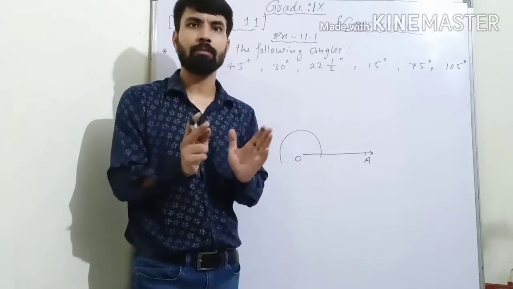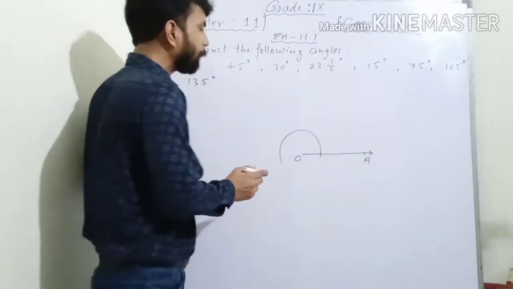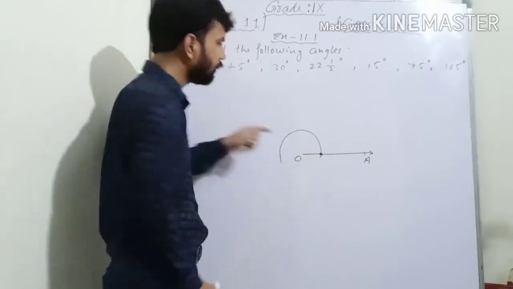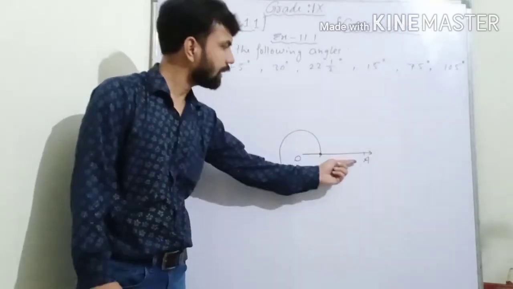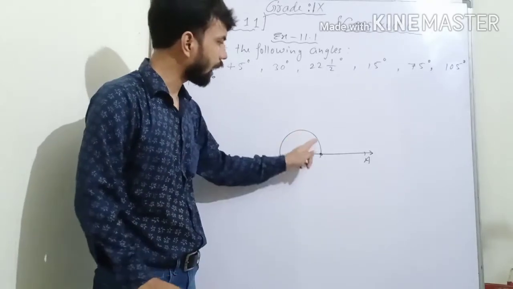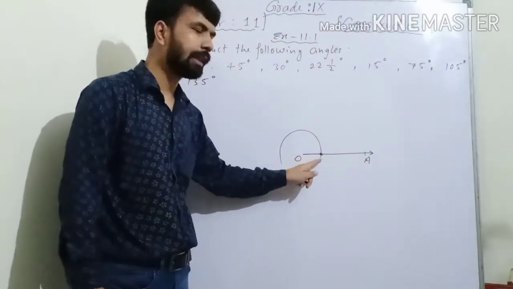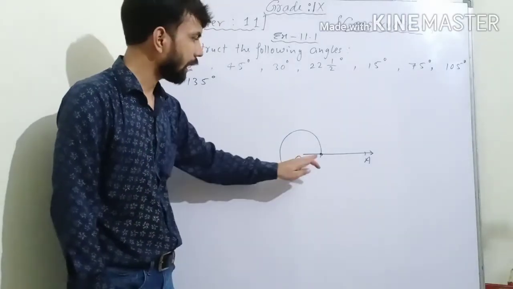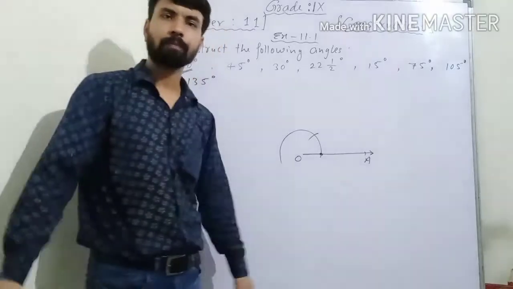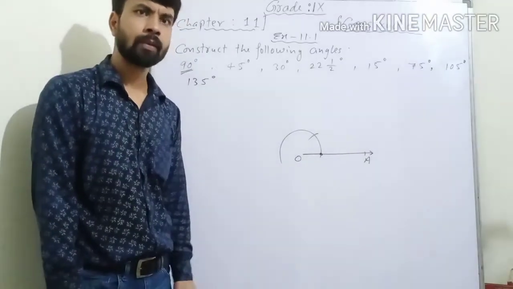Distance change mat karna compass mein. Now you have to keep your compass on this point where this arc and this baseline intersect each other, and cut an arc like this. Clear?